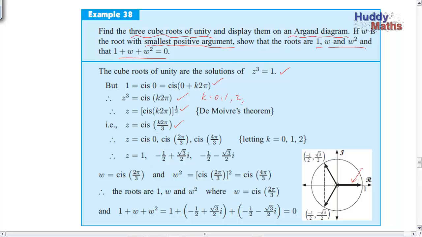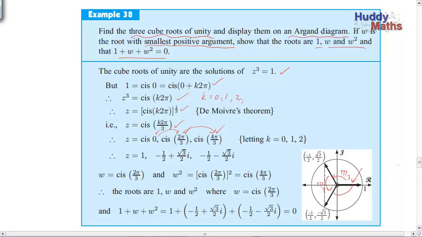So k is 0, we get the first one, cis of 0, which is 1. Add 2 pi on 3. Add another 2 pi on 3. So we're going to have separation here between the roots of 2 pi on 3. So come over here, 2 pi on 3. Here, 2 pi on 3.